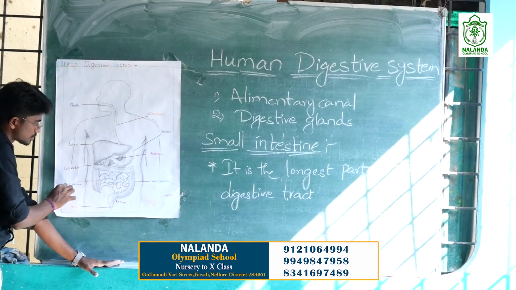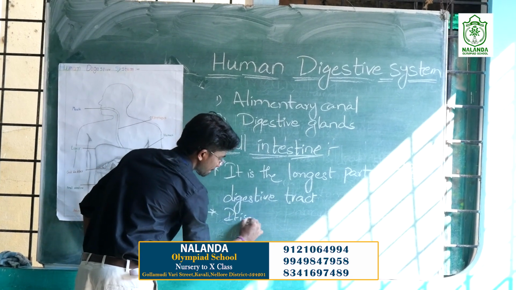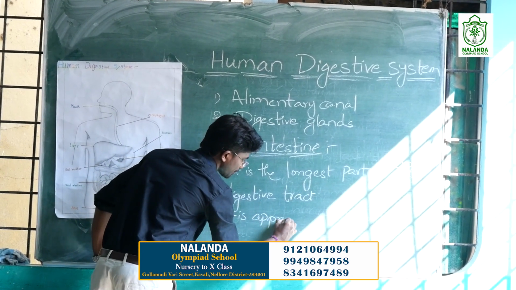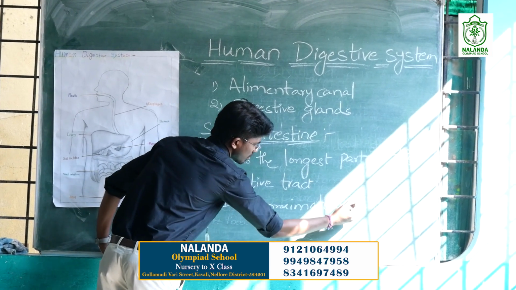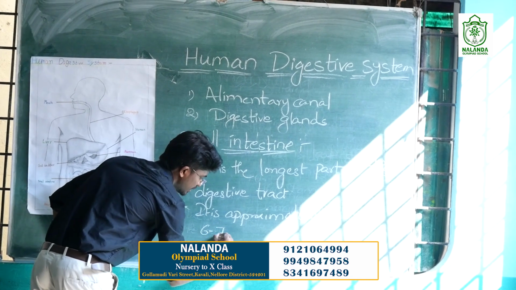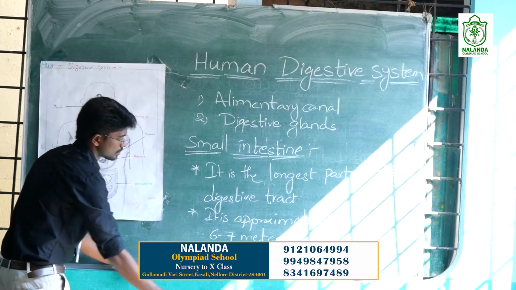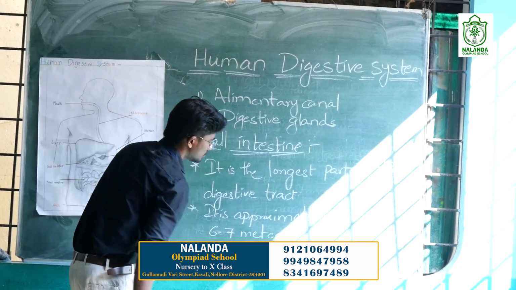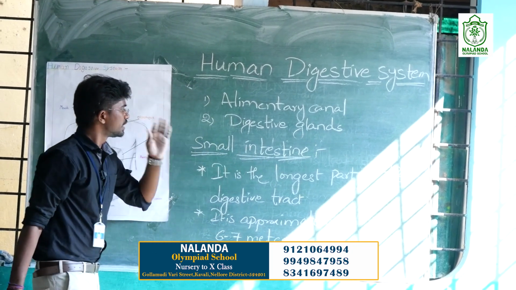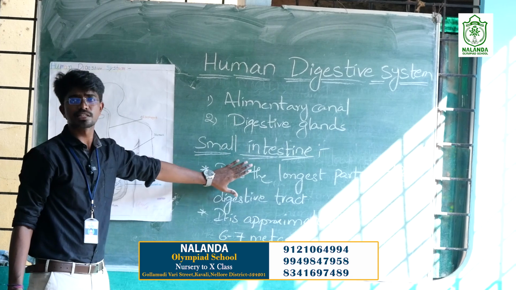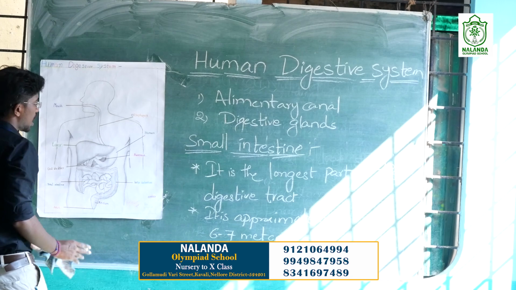This is called the small intestine. It is approximately 6 to 7 meters and it is very highly coiled. And here the digestion of food takes place in the small intestine and then it goes into the large intestine.